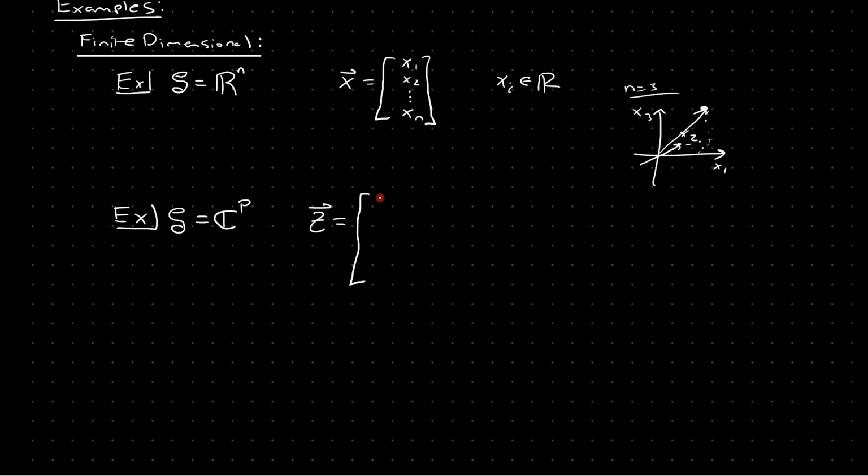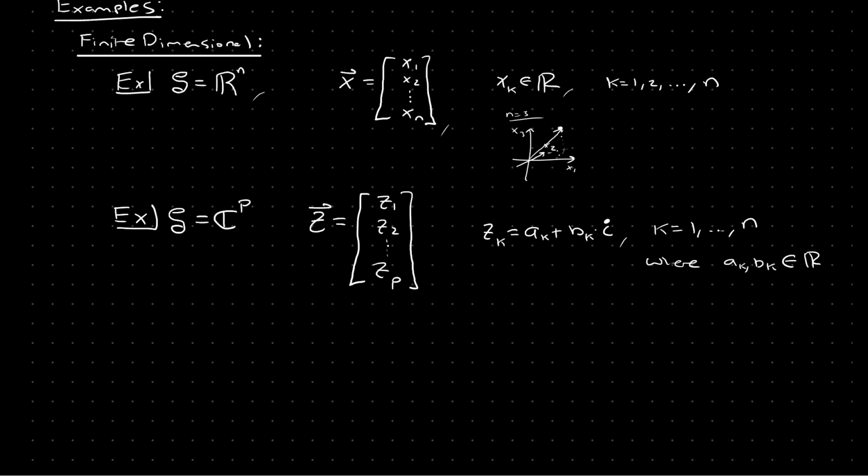So anything in this space will be of the form z1, z2, all the way up to zp, where each one of these elements is a complex number. Every one of the components in a vector in C^p is of the form a_k plus b_k times i. The elements of this vector z are just complex numbers.